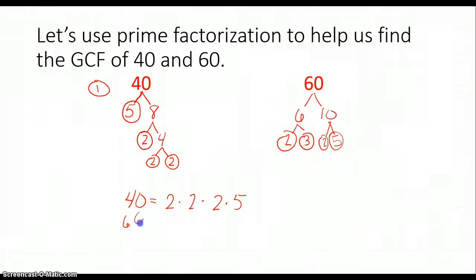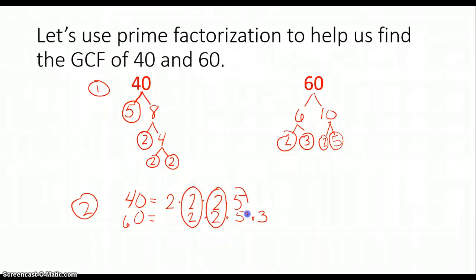And when I write out my prime factorization of 60, I got 2 times 2 times 5 times 3. Notice once again, I chose to write the common factors underneath each other so that I can find them more easily. Step 2 is to find the common factors and circle them.